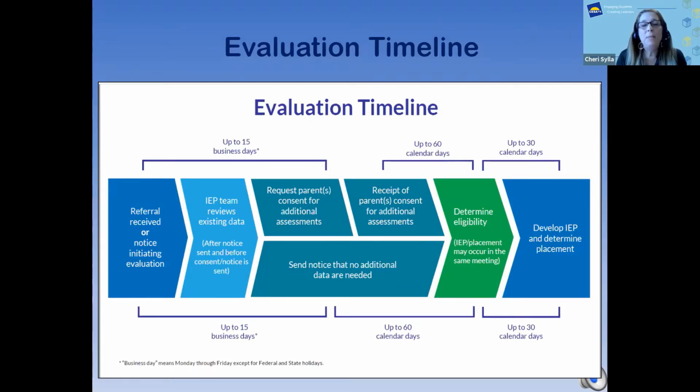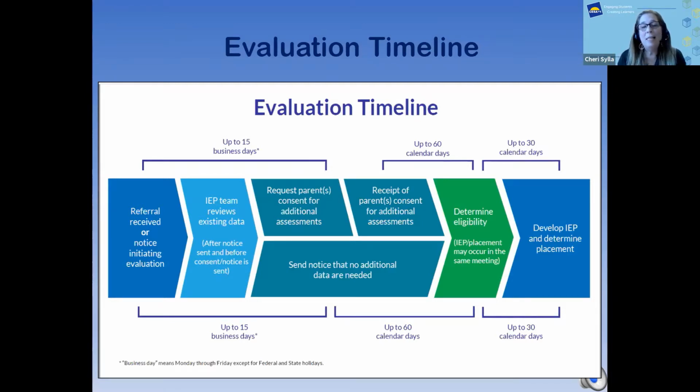During that 15 business days, the IEP team, the school, begins a review of the existing data. They might have some data on the student already, and they determine what types of information they have, and is that information good, and can it be used to make a decision about whether or not the child has a disability and needs specially designed instruction and services.